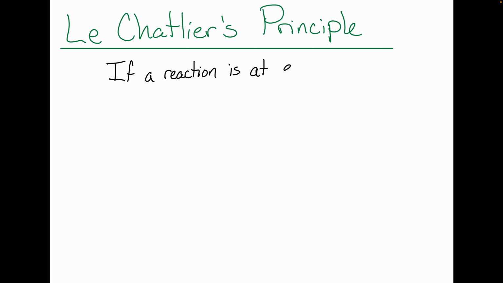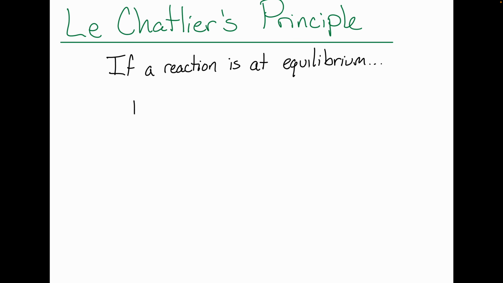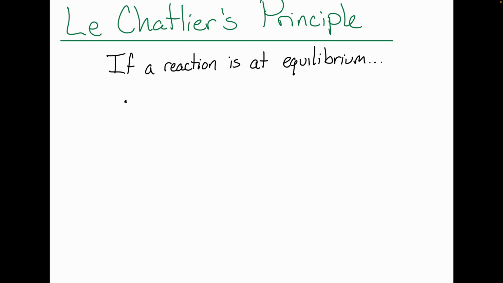All right, so Le Chatelier's principle was this observation that basically said if a reaction is at equilibrium, and then you go in there and you increase the concentration of reactant, all right, so let's think about this based on what we just discussed with Q here.